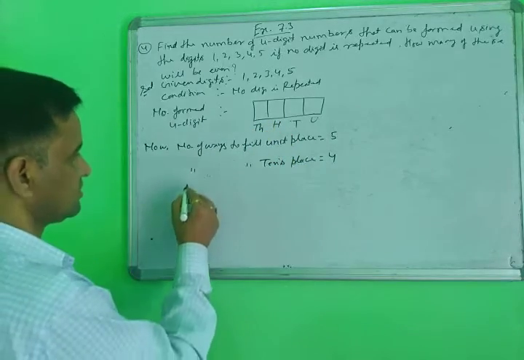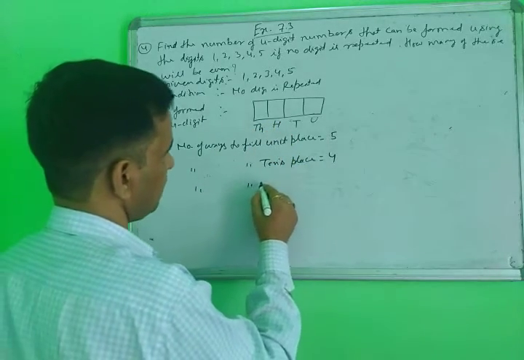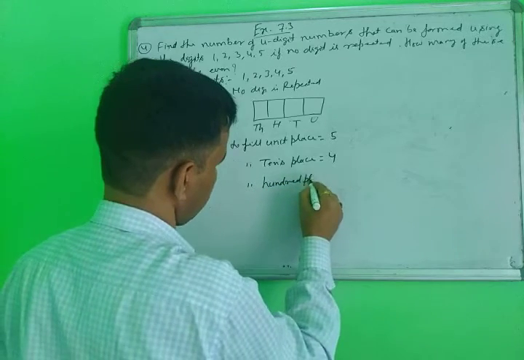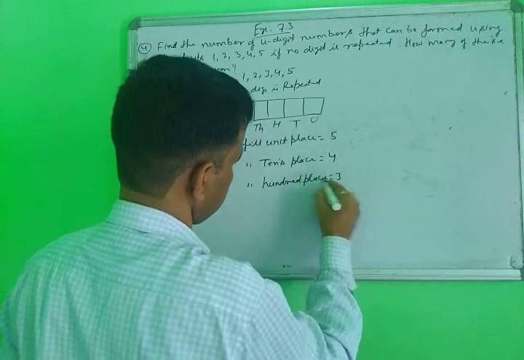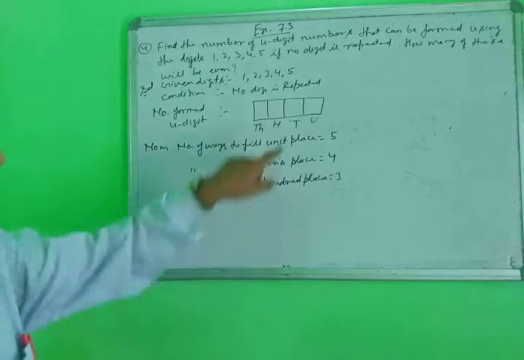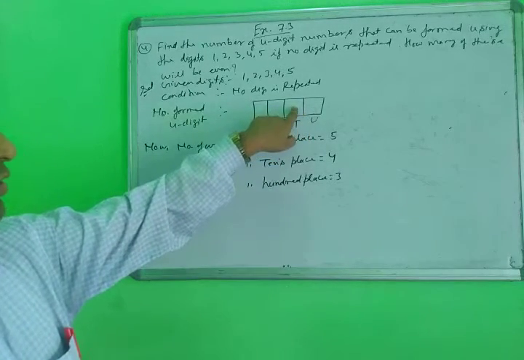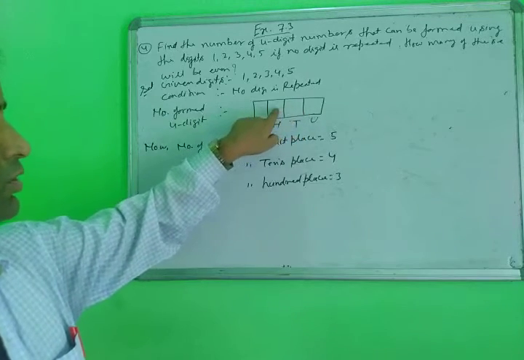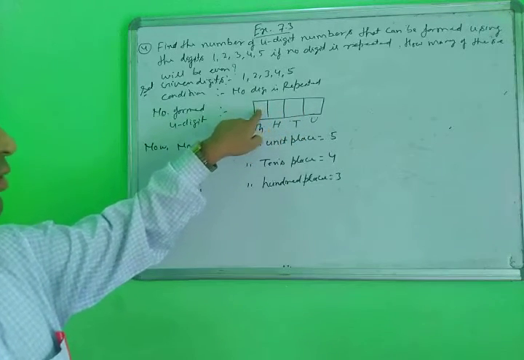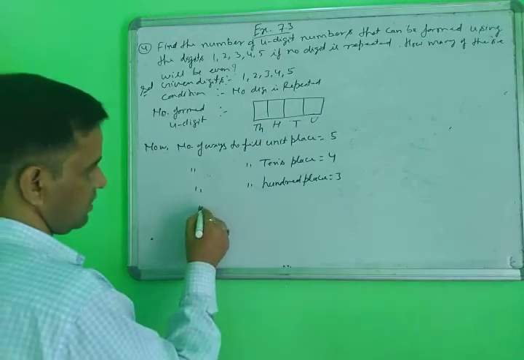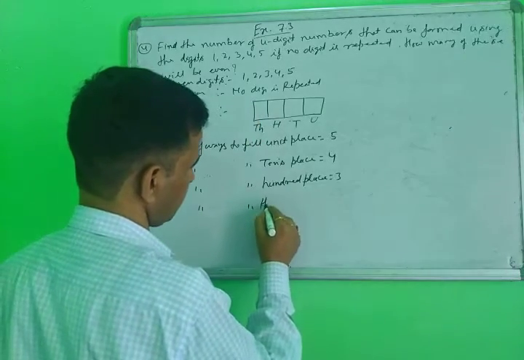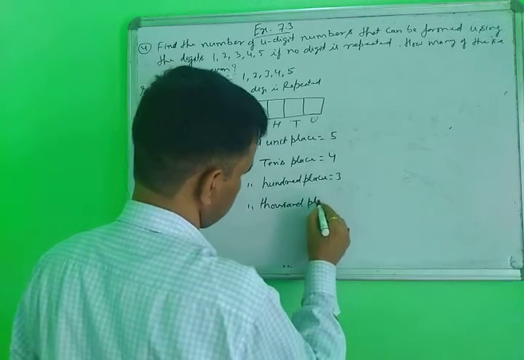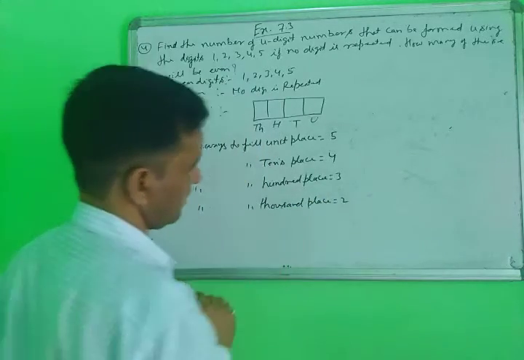Second, the number of ways to fill the hundreds place is 3 ways. One digit you have used, one digit you have used, so 3 ways are left. Suppose digits 1, 2, 3 are already consumed, then only 2 are left. So the number of ways for the thousands place is 2 ways.